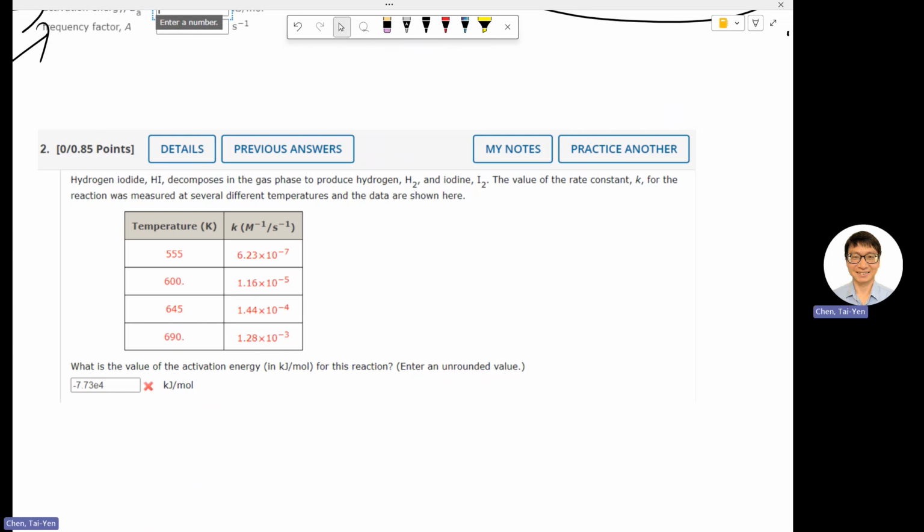The value of the rate constant k for the reaction was measured at several different temperatures, as the data shows below. What is the value of the activation energy? So the keyword is what? Activation energy, right? So what is the equation that you need to use?